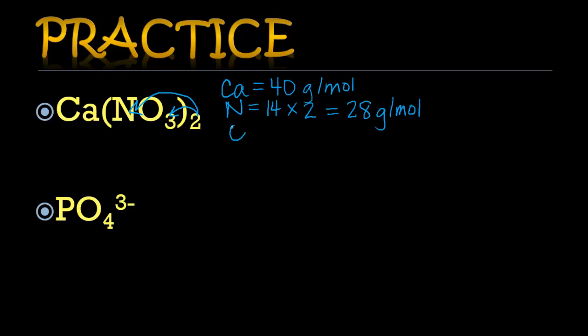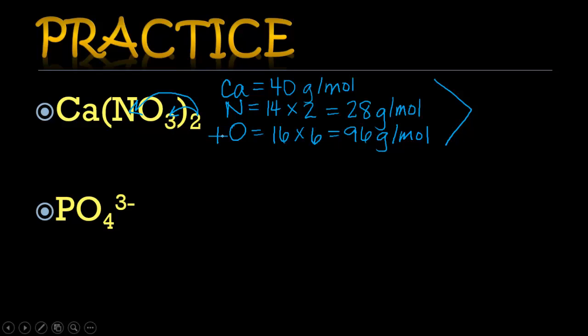And then we have our oxygen, which is 16 times 6, which is 96 grams per mole. And then we just add them all up so that we get 164 grams per mole.